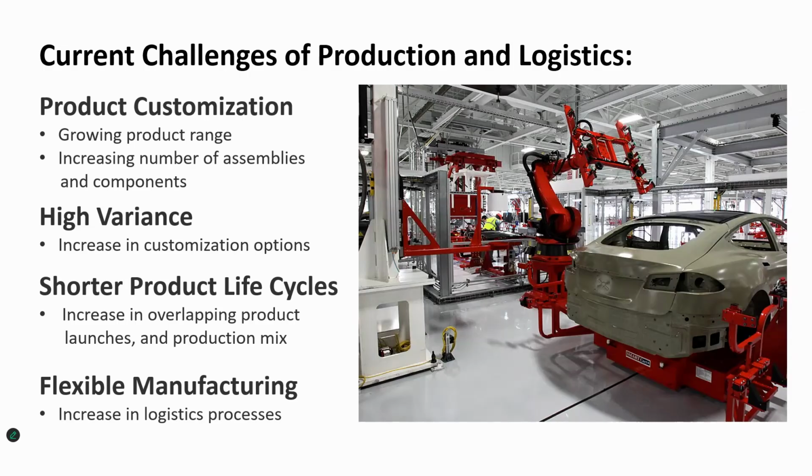Product customization must be considered, as well as the large numbers of assemblies and components that need to be used. Likewise, the increase in customization options which are available just complicates things further. Product life cycles are also much shorter now, with an increase in overlapping product launches and production mix. And flexible manufacturing requires an increase in logistics processes.